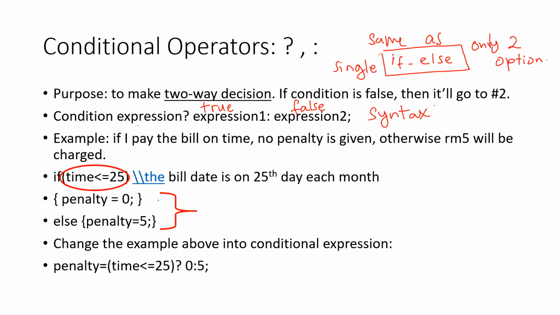If I write it into a function, it looks something like this. If I'm using a function f(x), this is just like p equals 0 if t is less than or equal to 25, and p equals 5 if t is bigger than 25, something like that. Okay, so this is just equivalent to that.